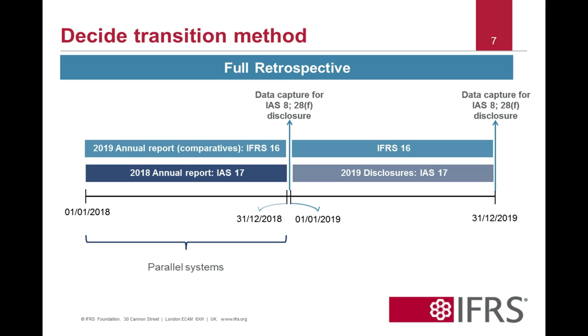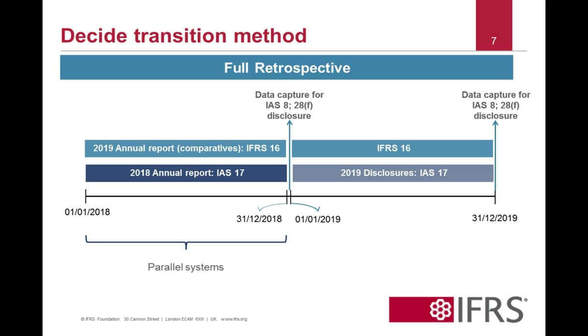The actual transitioning itself will be essentially the same process whichever date it is performed on. But for a lessee applying the full retrospective approach, in order to prepare both its current year figures for the 2018 annual report and comparative figures for the 2019 annual report, it is going to need to run its 2018 financial statements on two different bases.